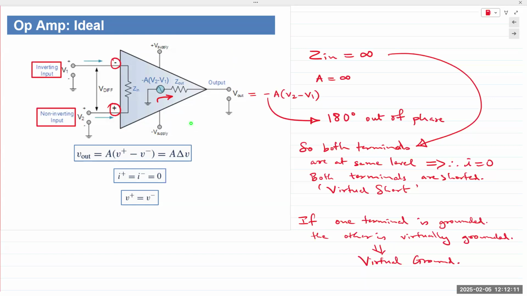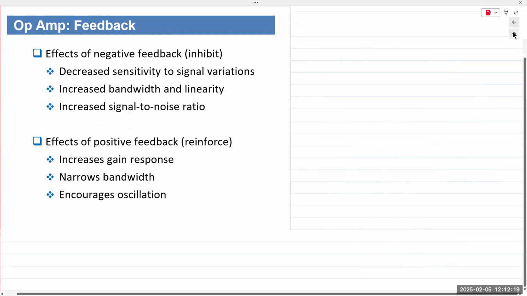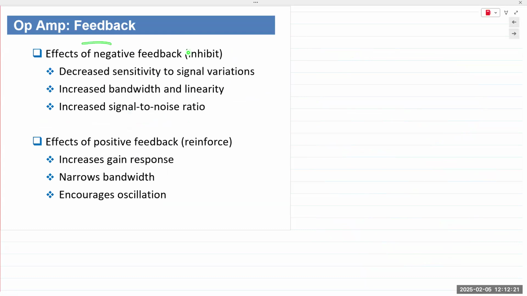The output portion, a portion of the output is now fed back at the input, and so we term that as feedback. If the output is connected to the negative terminal or the inverting terminal, then we say it's negative feedback. If it's connected to the non-inverting terminal, we say it's positive feedback.